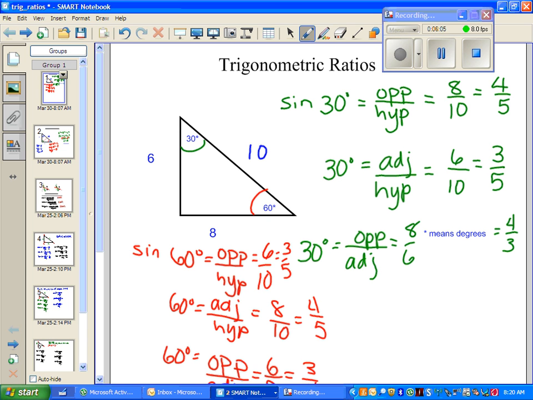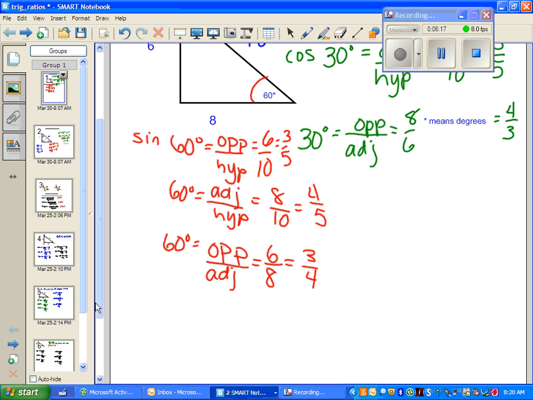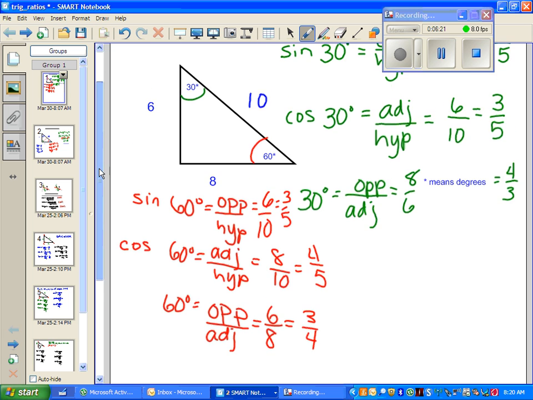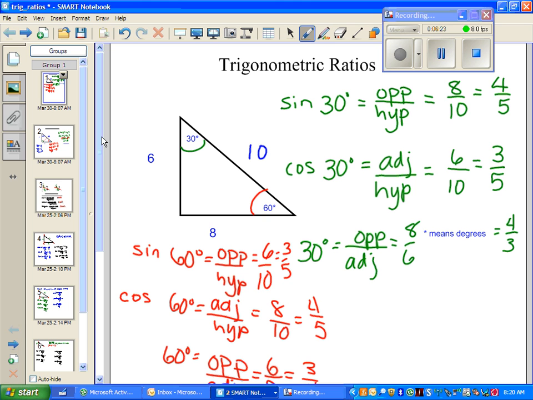When we talk about the adjacent side over that hypotenuse, we give that a name, and that's called cosine, and we abbreviate it COS. So for both of these were our cosine of 30 degrees and cosine of 60 degrees. So cosine just means adjacent over hypotenuse for whatever angle you're referring to.